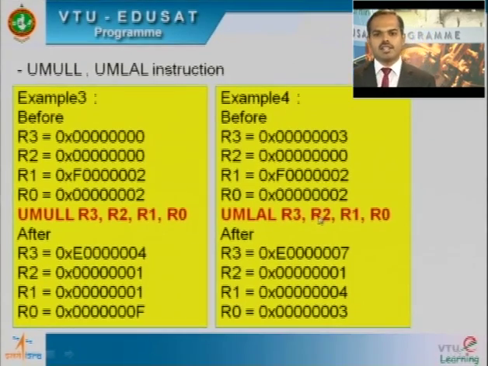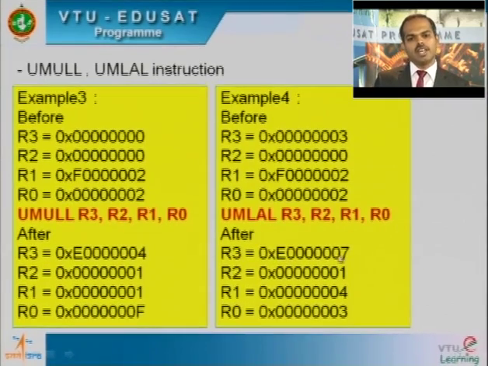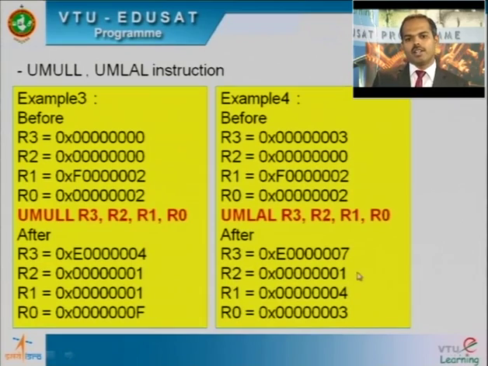R3 forms the lower 32-bit value. If we add that with the previous result, it will be 7. In total, it will be 1E followed by 6 zeros and the 7.